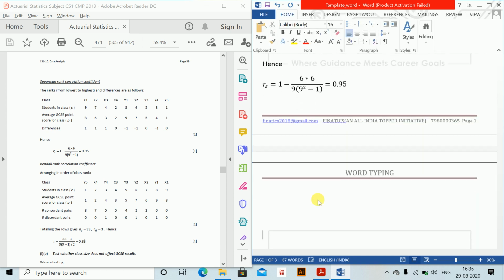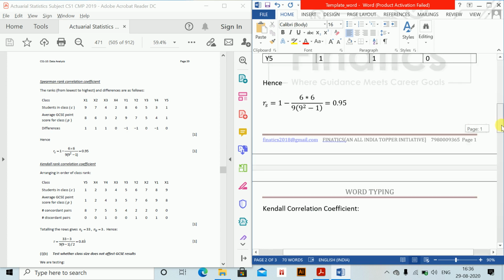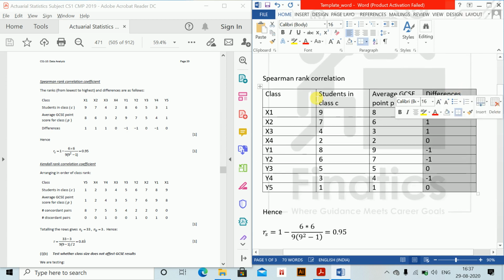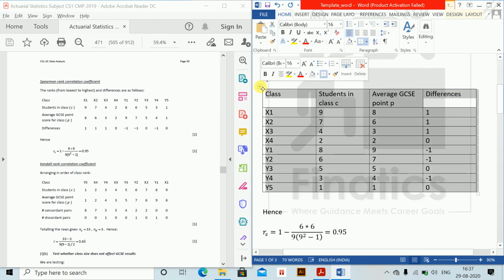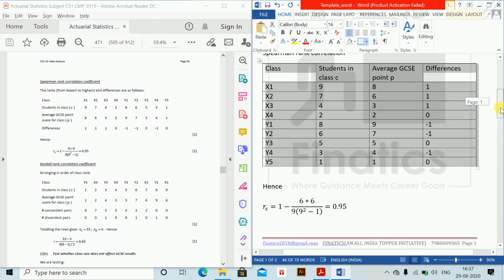And then we have our Kendall correlation coefficient. Again for Kendall we'll make a table. I'll copy this table so that I don't have to write the values again. Students in class C and so on.